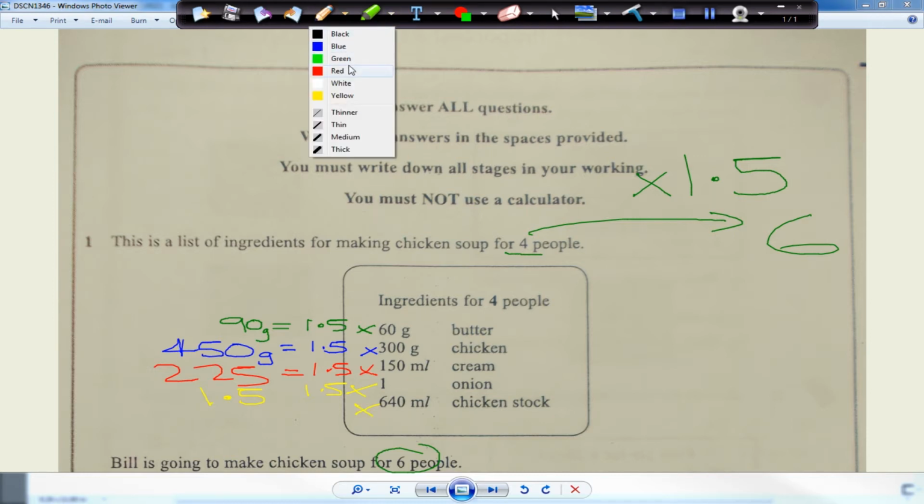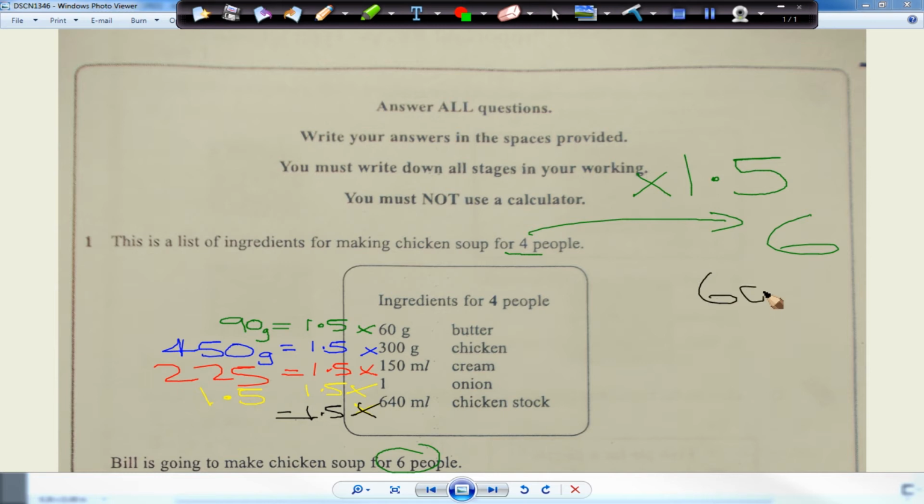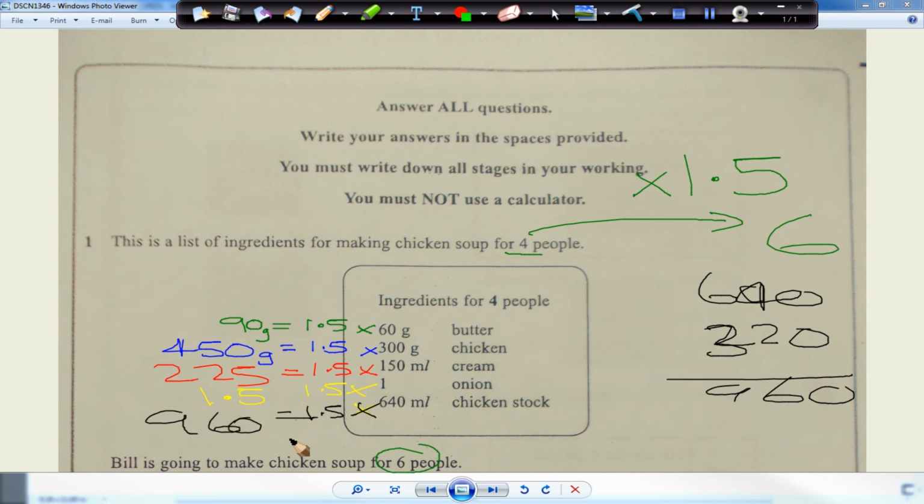So we multiply that by 1.5. It's 960. So that'll be the same as saying 640 add 320. So that's 960 milliliters. Is that all done? Yeah. Happy with that? Good. End of this topic then.